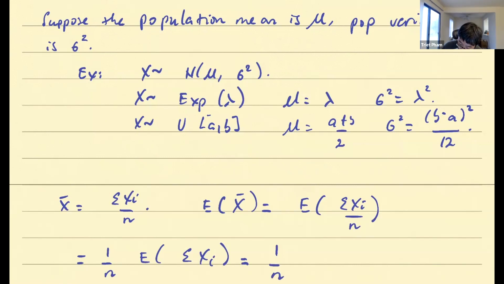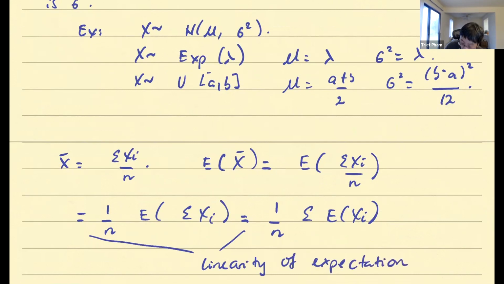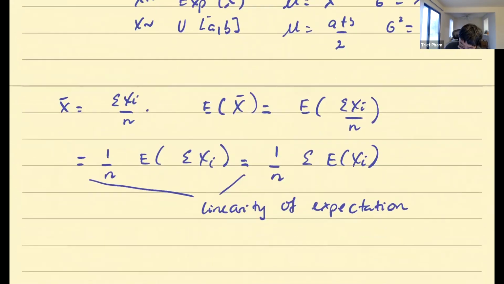Also, the sum comes out because of linearity of expectation. That's the bit of probabilistic knowledge you use. Finally, all the xi are identical, so they all come from the same population. Therefore, they all have expected value mu, so you can replace that with mu.